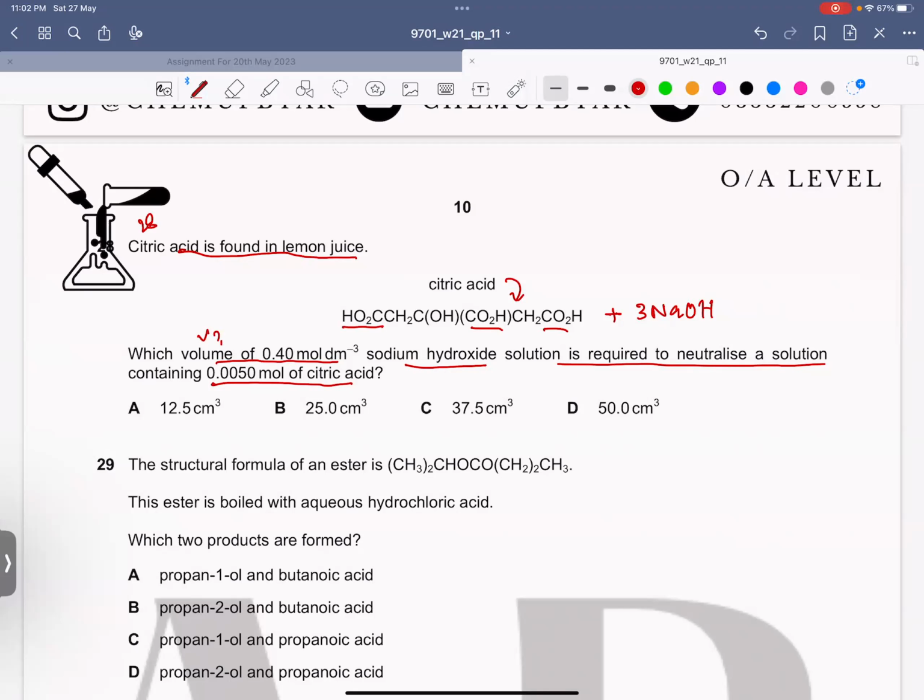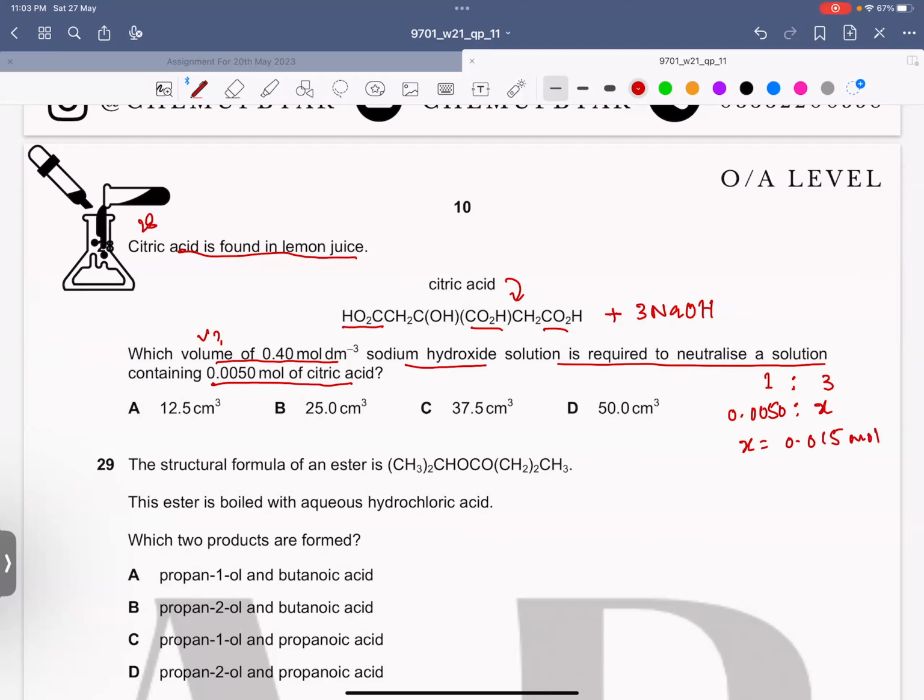We are given 0.005 moles of citric acid. So according to the equation, 1 mole of citric acid reacts with 3 moles of sodium hydroxide. So 0.0050 moles of citric acid would react with X moles. Can anybody solve and tell me the value of X? If I'm not wrong, it would be 0.015, right? So these are the moles.